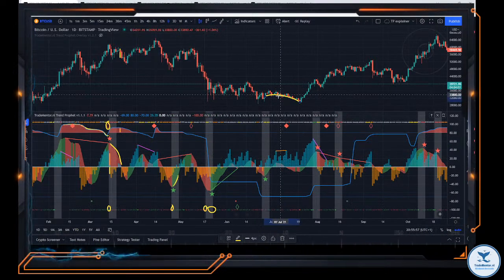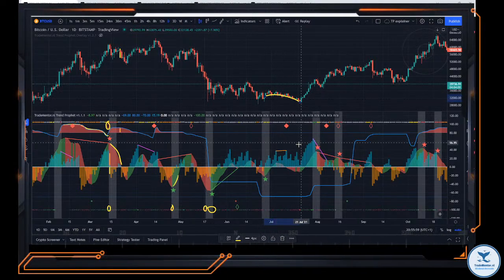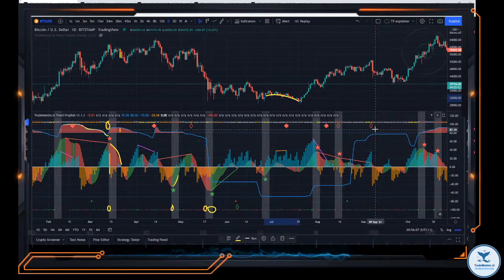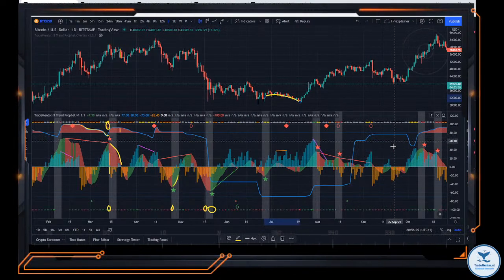There's no real trend, it's just price decline, and here we saw the price recovery with the trend reversing to the upside. Here we had a bit of a steeper one. We went into an uptrend.